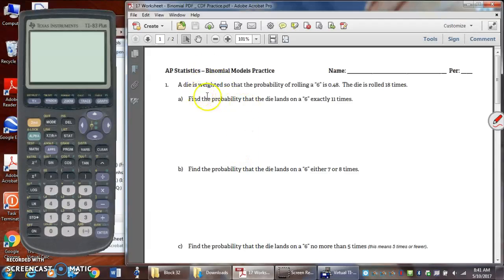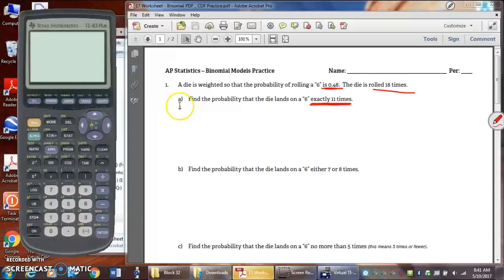So in this example, a die is weighted so that the probability of rolling a 6 is 0.48. So we know that the overall probability of rolling a 6 is 0.48, and then we know that we're rolling the dice 18 times. On part A, I want to find the probability that it lands on 6 exactly 11 times.